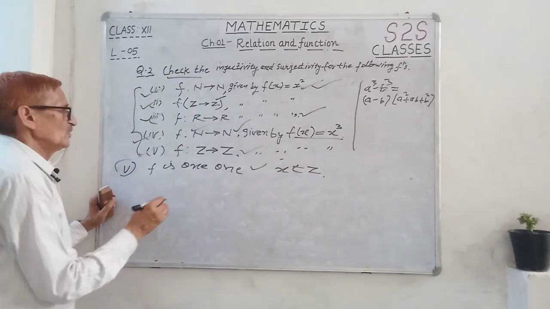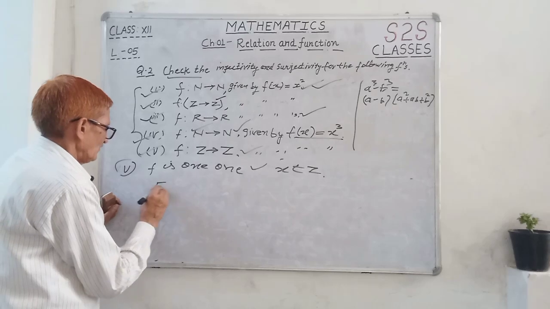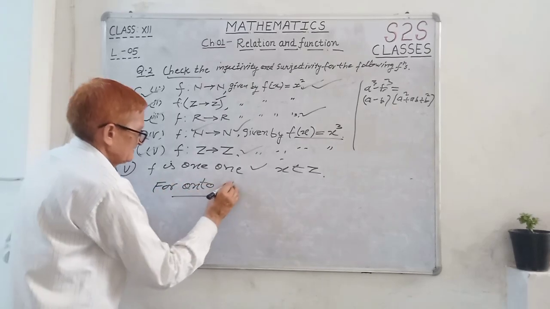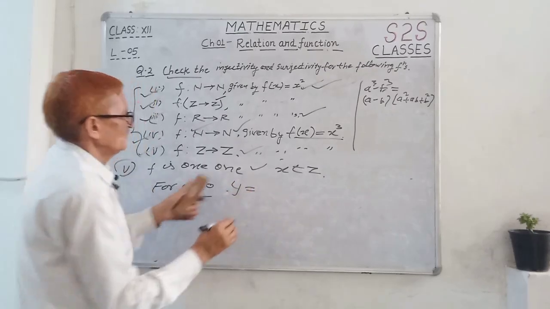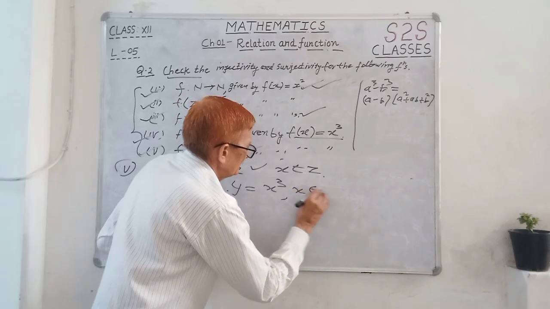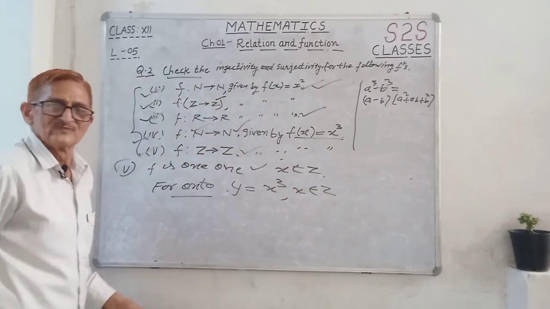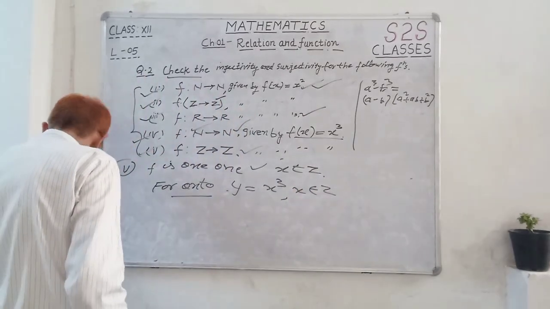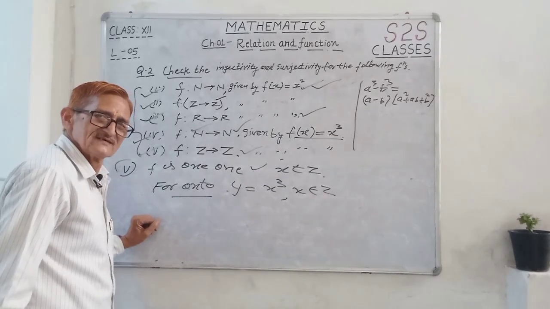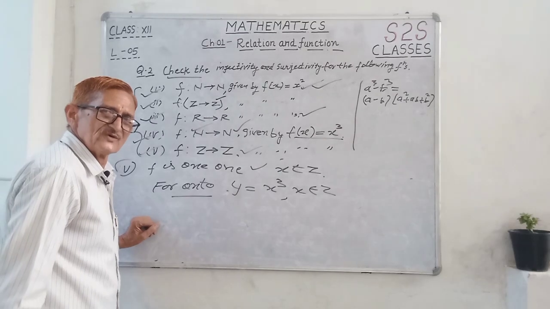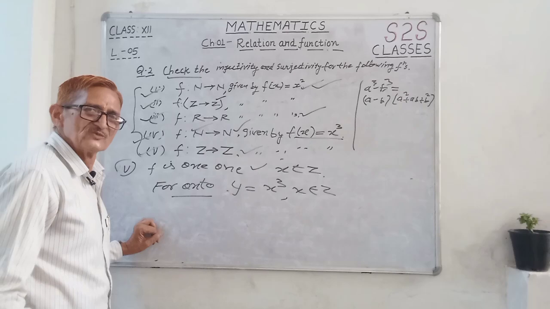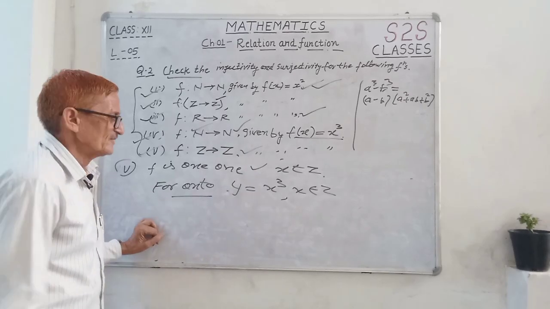Then check onto. For onto, find the range: y is equal to the function x cube, but x belongs to integers. Now the cubes of integers: -1 cube is -1, -2 cube is -8, okay, some negative cubes and positive cubes, so plus and minus.